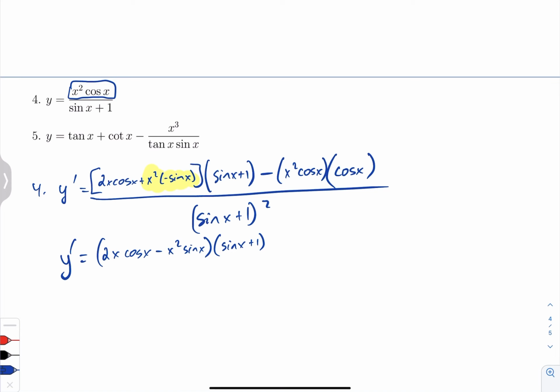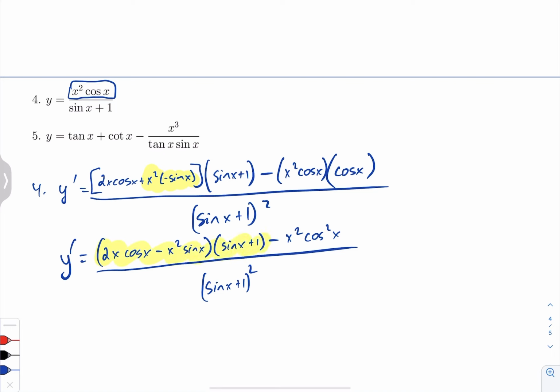We'd have to do some distributing. I'm not going to worry about that. And then this back end, I have x squared times cosine squared of x all over sine of x plus 1 squared. So that's good enough. If we wanted to, or were asked to simplify further, we could multiply all of this together, but that's going to end up with 4 terms.